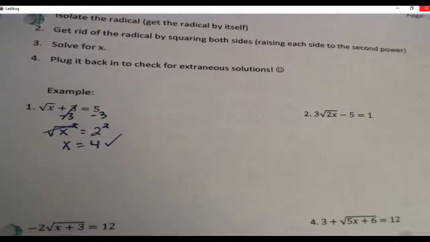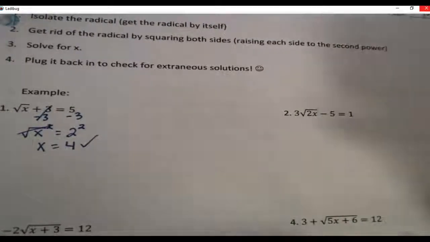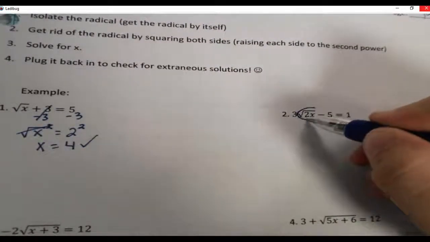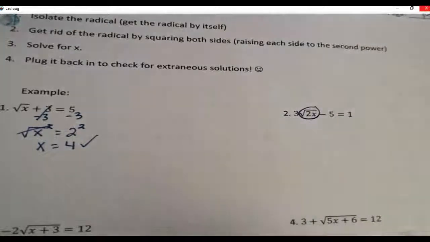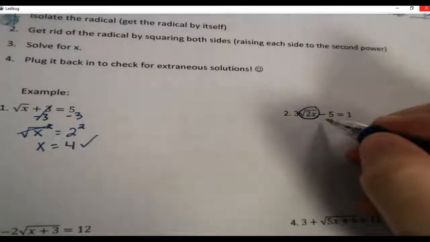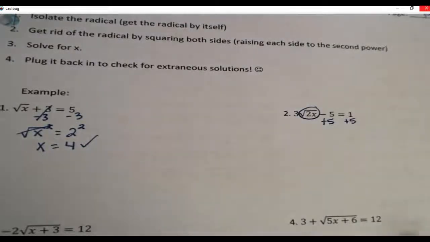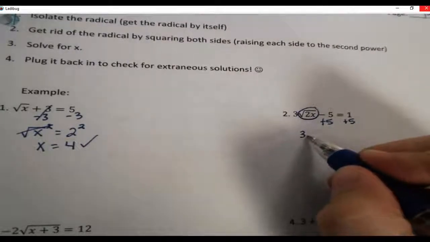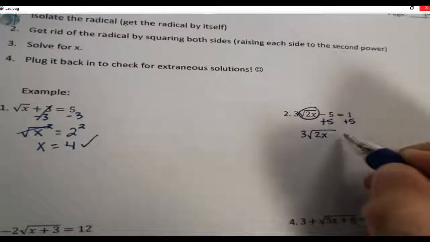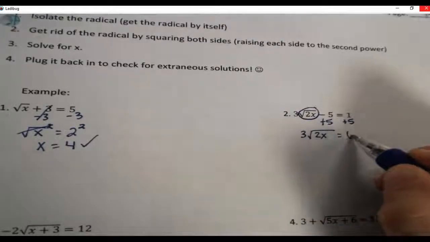Let's look at 2. So on 2, again, we want to get this square root by itself. So what should I do first? Good. Add 5. So then we'll have 3 times square root of 2x equals, good.